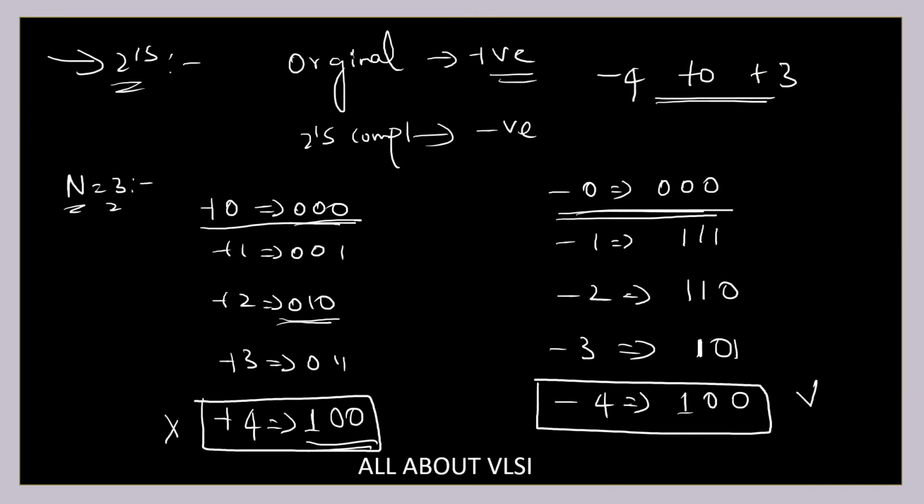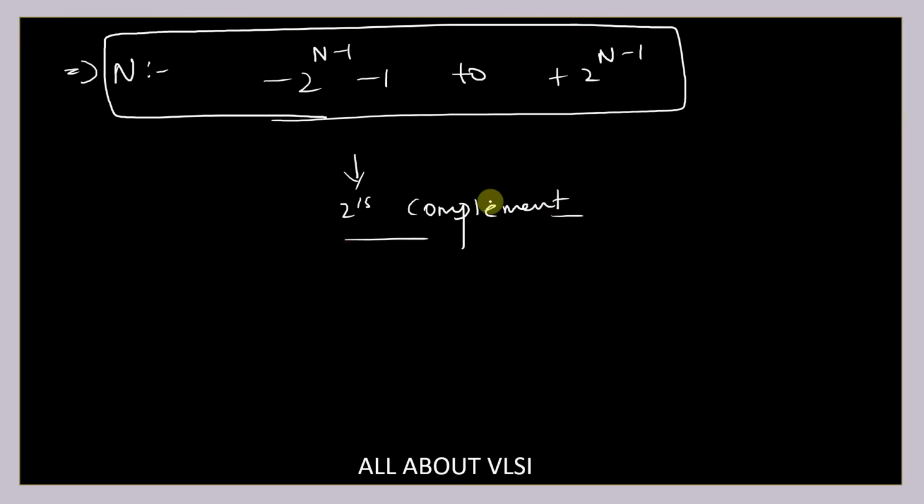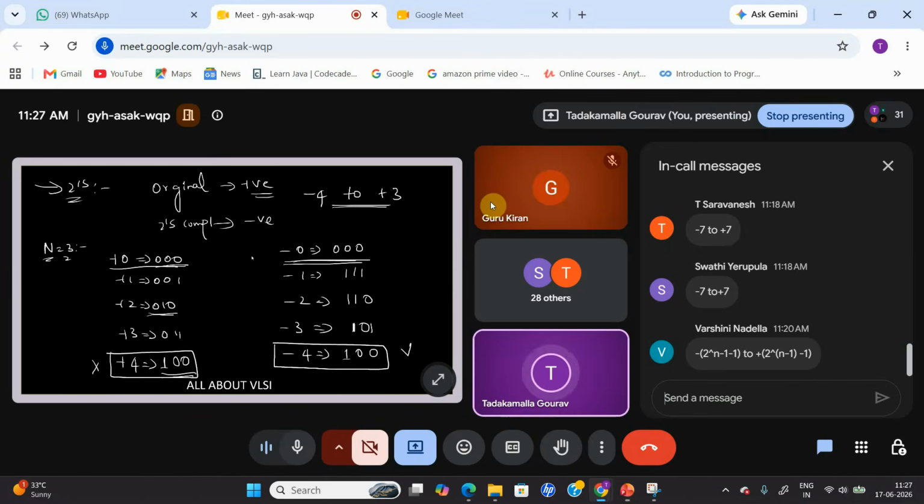And for n bit representation, you have the range from -2 power n minus 1 to +2 power n minus 1 minus 1. This is the range of representations you have in the case of your 2's complement format of representation. Is it clear, guys?